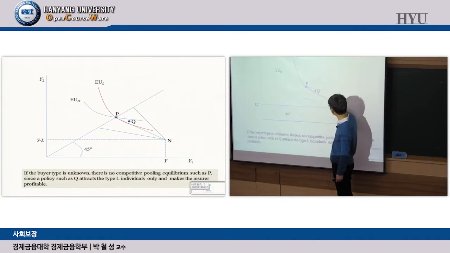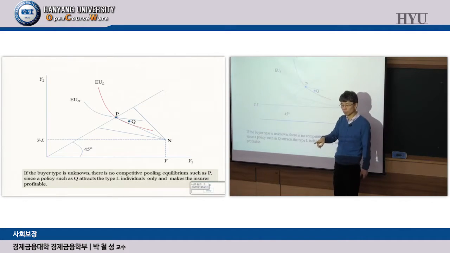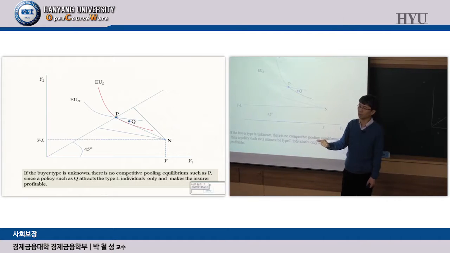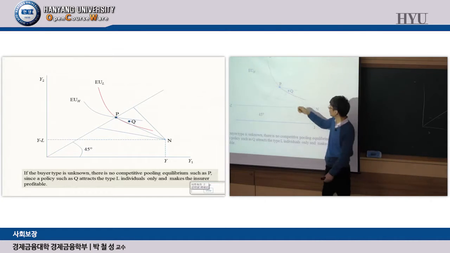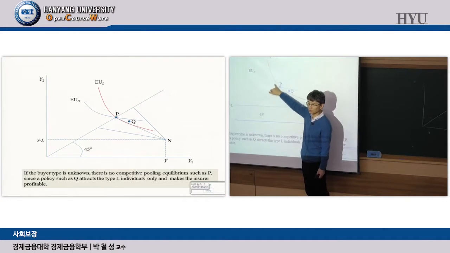But actually, you are charging more than this line, which means you can make money by selling insurance plan Q, attracting only low risk types, which means this P will disappear. So that's why we're saying P is not an equilibrium.